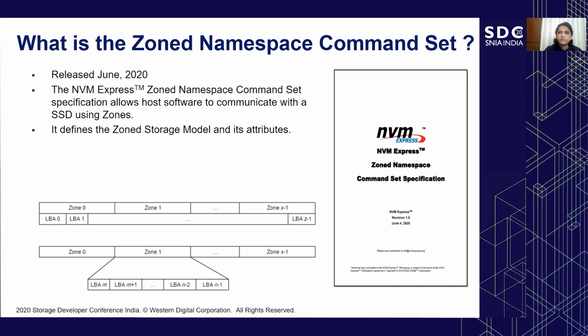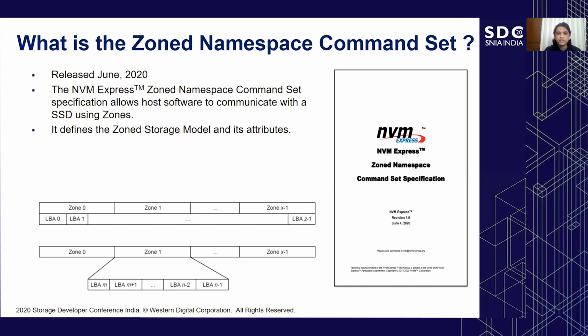So what is the zone namespace command set? TP4053 was released in June 2020, and the NVMe zone namespace command set specification allows host software to communicate with the SSD using zones, and it defines the zone storage model and its attributes.